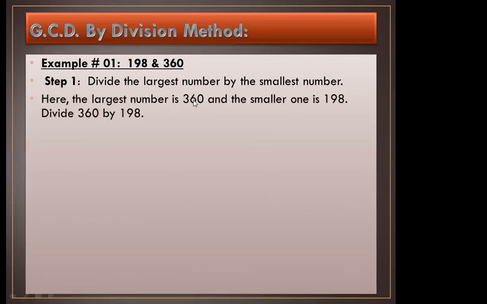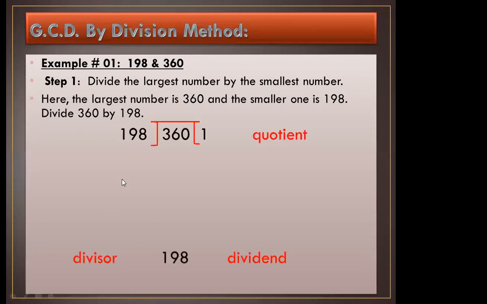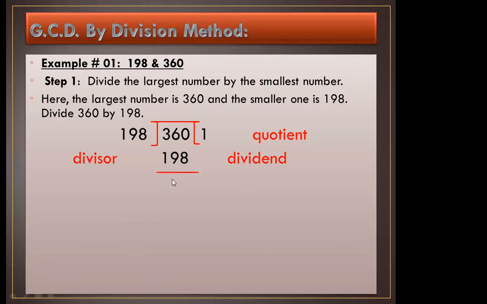Here the largest number is 360 and the smaller one is 198. So you will divide 360 by 198. 198 into 1 is 198, and after subtracting this you will get your remainder, that is 162.